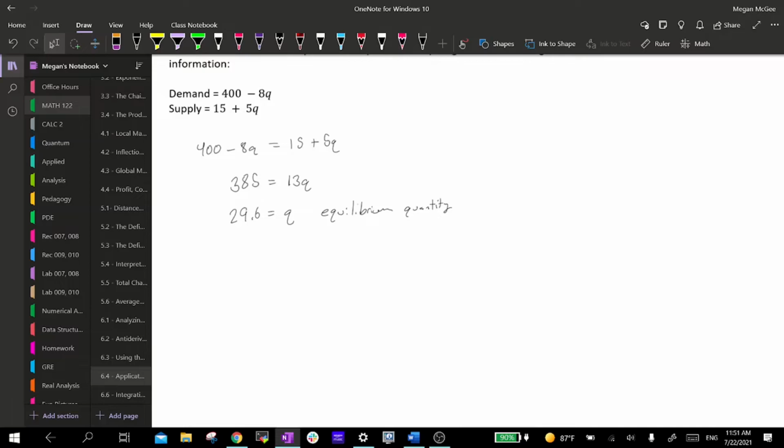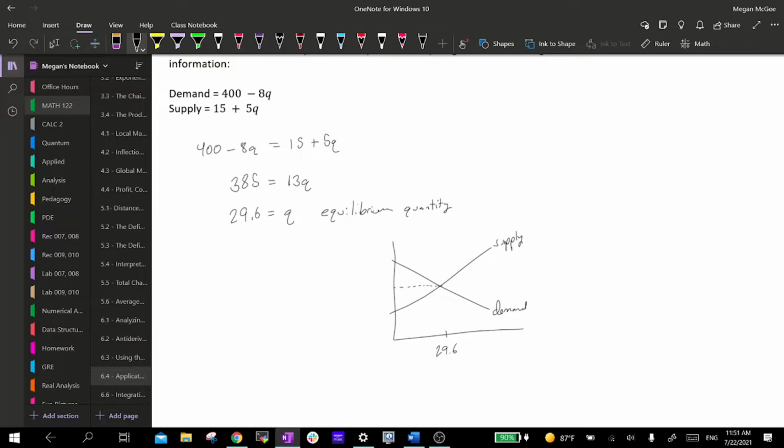So we have our supply and demand. This is our supply. This is our demand. This is our supply. We've found that our equilibrium quantity is at 29.6. Okay. So we need to determine, again, this is our equilibrium price over here.